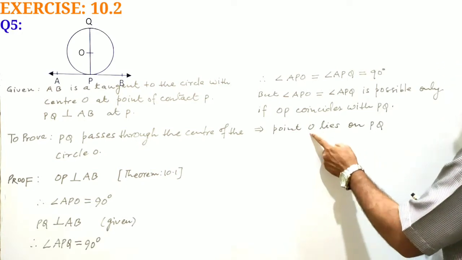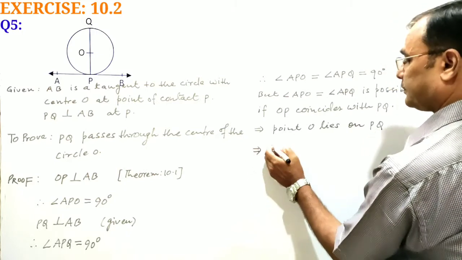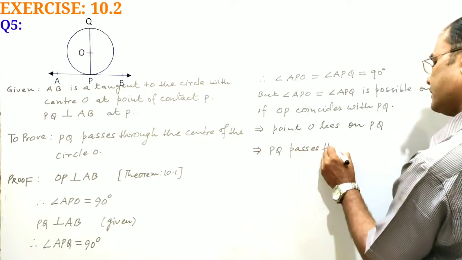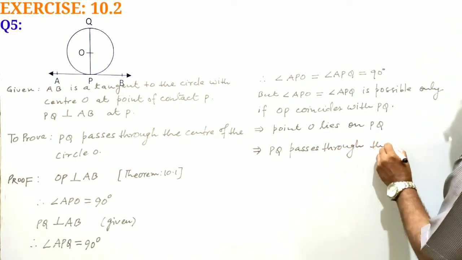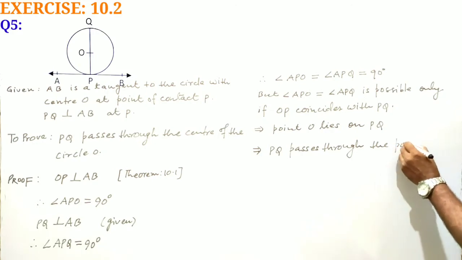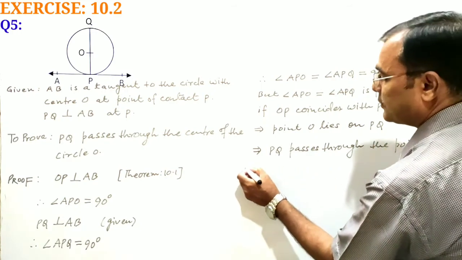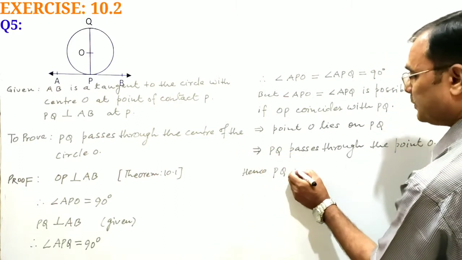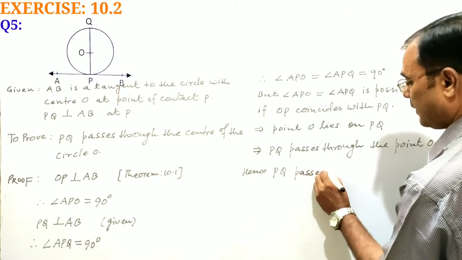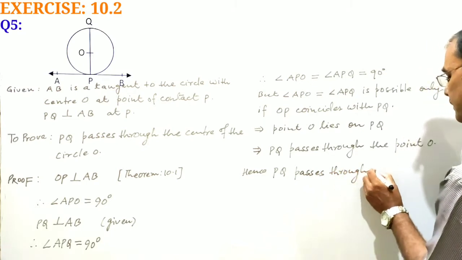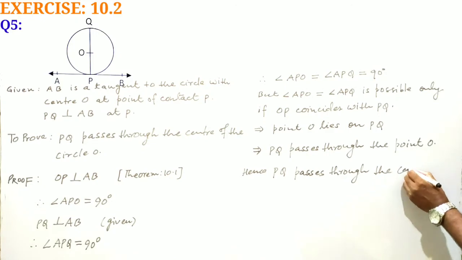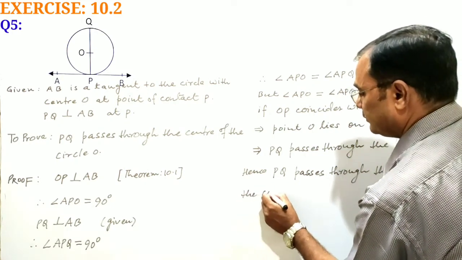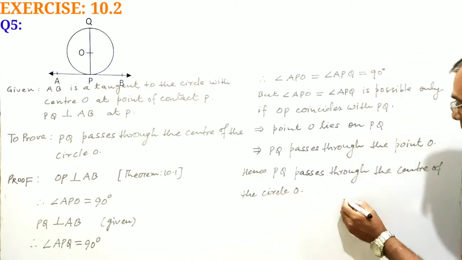And when point O lies on PQ, this implies that PQ passes through the point O. Hence, PQ, which is perpendicular to the tangent at point of contact P, passes through the center of the circle O. Hence proved.